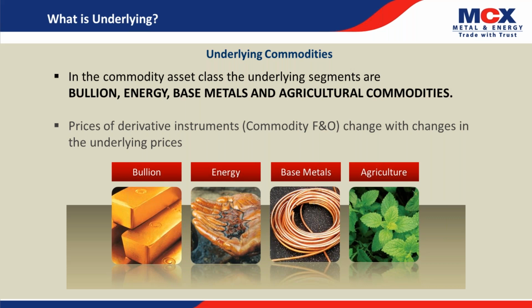And for the zinc options contract, we have the zinc futures as the underlying. The prices of derivative instruments, commodity F&O, futures and options, change with changes in the underlying prices. So whenever we try to price a derivative instrument, we should keep a lookout as to what is happening to the underlying prices, which I just explained a few seconds ago.